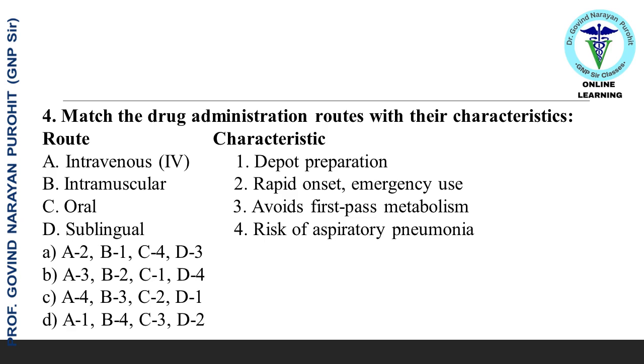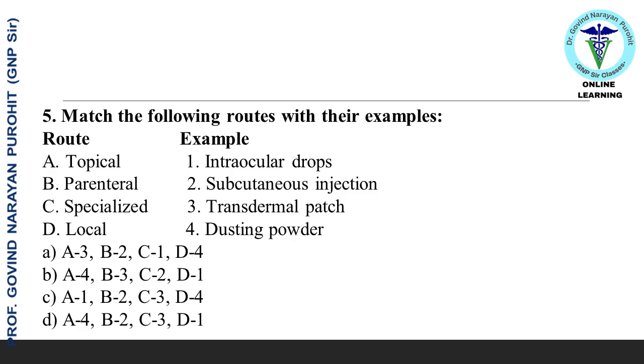pass metabolism. 5. Match the following routes with their examples. Route, example. A. Topical 1. Intraocular drops. B. Parenteral 2. Subcutaneous injection. C. Specialized 3. Transdermal patch. D. Local 4. Dusting powder. Options: A. A3, B2, C1, D4.